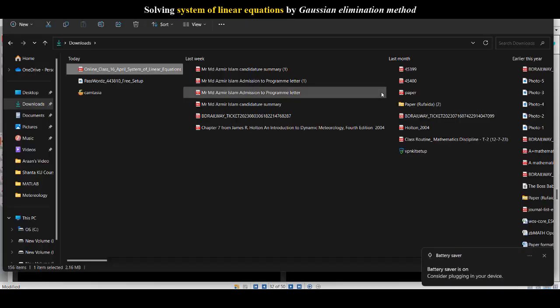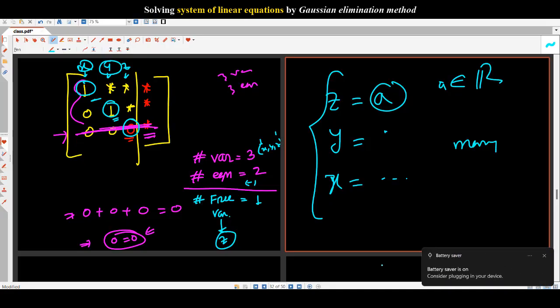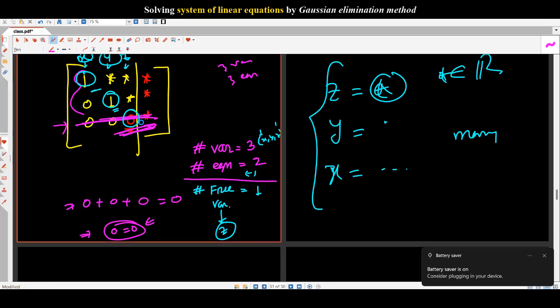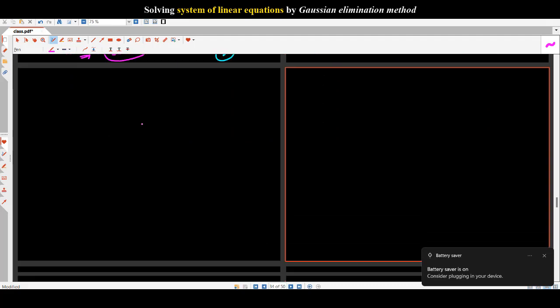You can also use T as the parameter instead of A, but the parameter is a real number. So this is the idea: if 0 equals 0 is coming, then you will get many solutions.